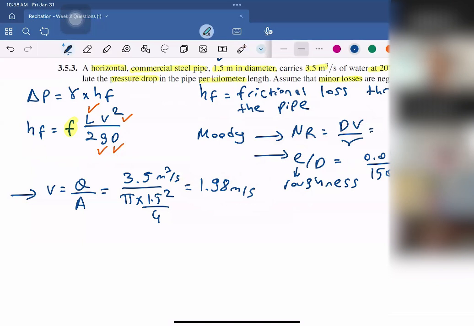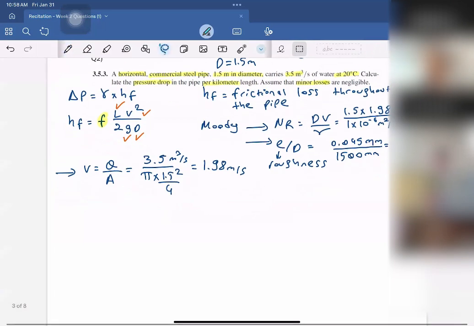So it will be 1.5 times velocity. And here, kinematic viscosity, because it is also not given, but it is given in tables, so it is this value.